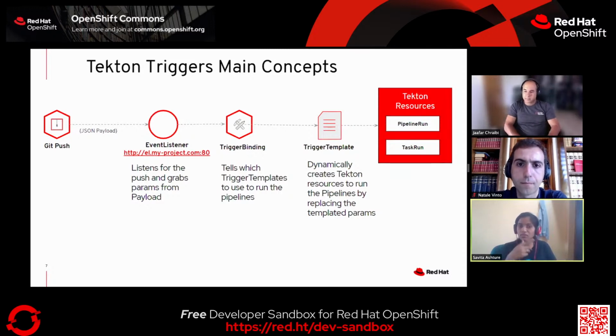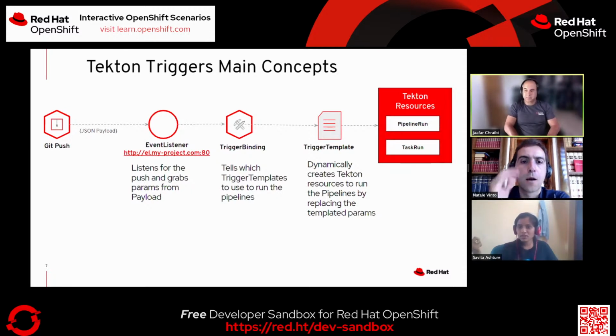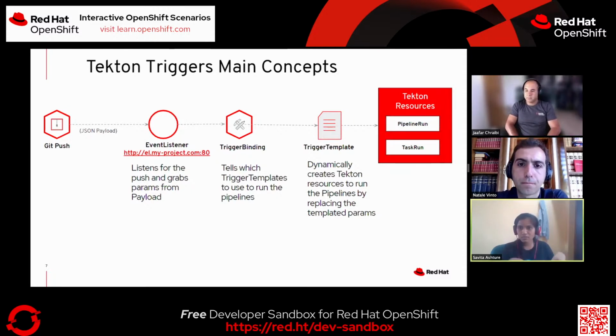Before that, someone has to apply the trigger binding and trigger template. These are like static templates, we can say. Whenever an event comes to the event listener pod, then the actual work happens: the trigger binding will fetch those dynamic values and pass them to the template.